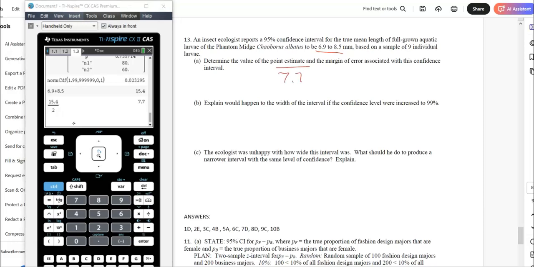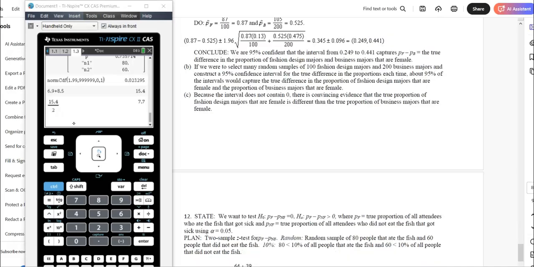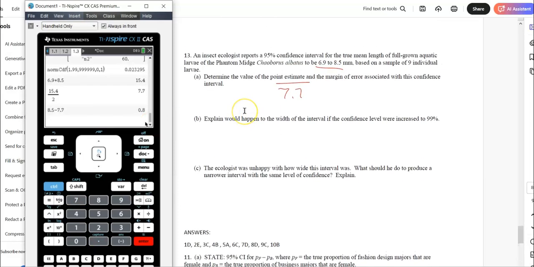And the margin of error would be 8.5 minus 7.7, which is 0.8.